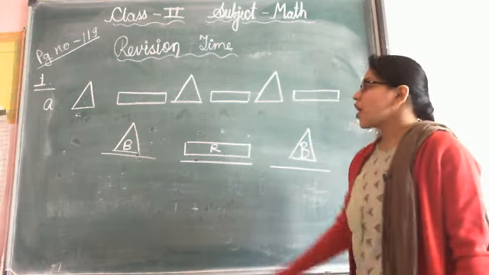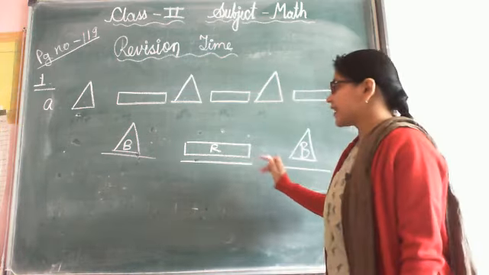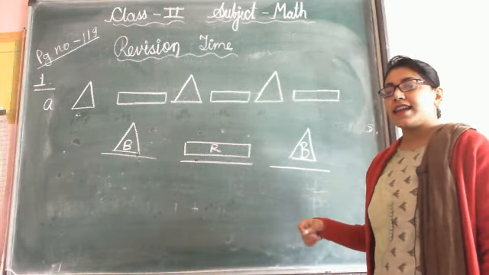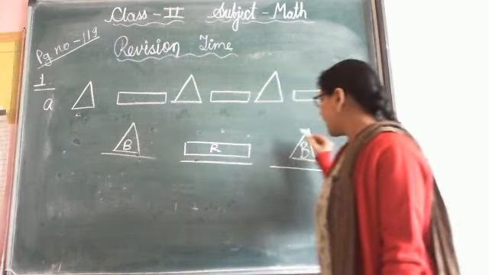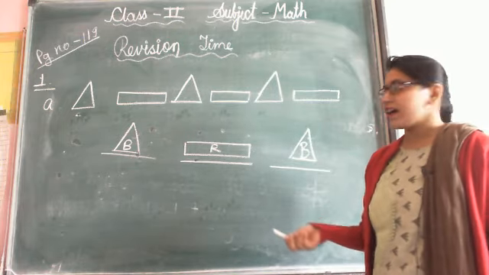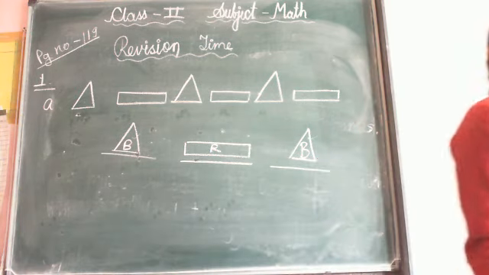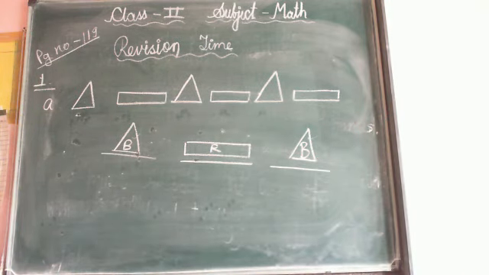So all of you draw these three, triangle, rectangle and triangle, then color them. Draw both the triangles in blue color and the rectangle in red color. Do it fast. Take your time and do it quickly.